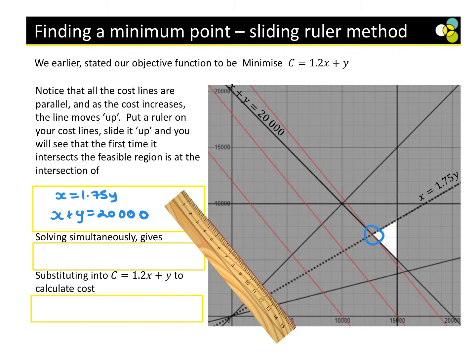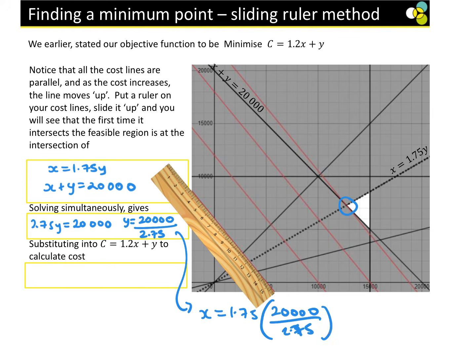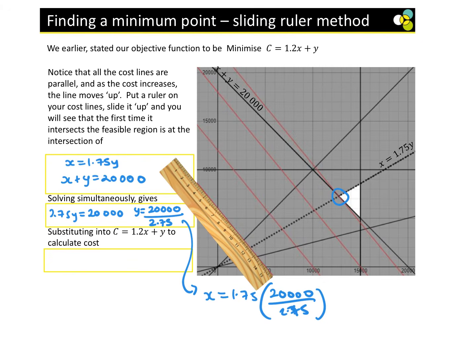If I substitute in, I'm going to have 2.75y equals 20,000. So y equals 20,000 divided by 2.75. What does x equal? x is going to equal 1.75 lots of 20,000 divided by 2.75. Now someone with a calculator is going to give me the answers for x and y.